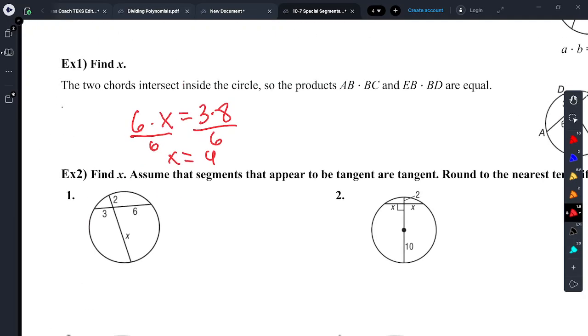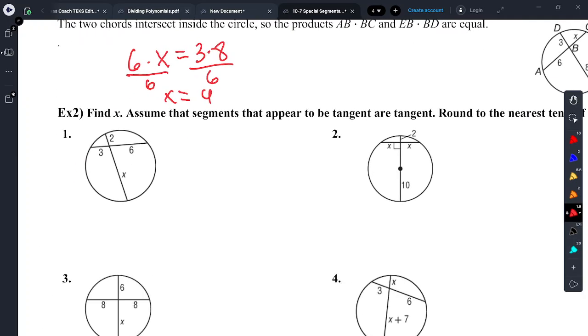Easy? All right. Next problem. What do we know? Two chords intersecting. So 2 times x is going to be equal to 3 times 6. Divide by 2, we get x equals 9, right? Easy.